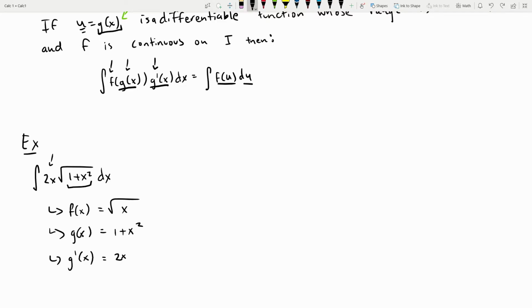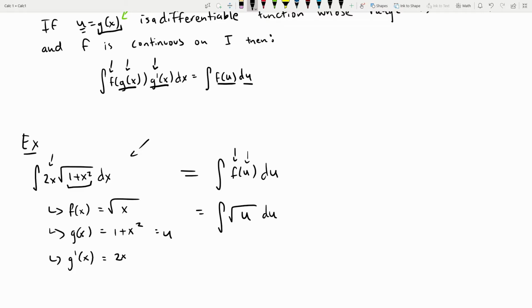If we just go based off the definition of the substitution rule, then we can say that this integral right here is going to be equal to the integral of f of u, and again, u is g of x, as we see from the definition. Now if we substitute our stuff in, f is going to be the square root of x, however the input is u, so we just keep the u.